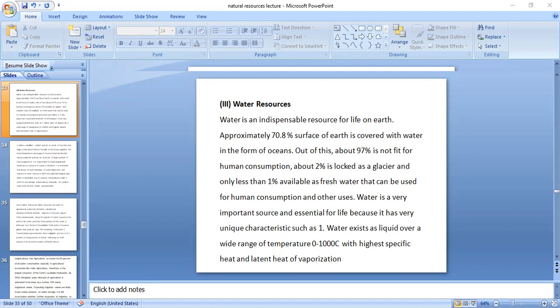Means whenever there is climate change, and why is there climate change?